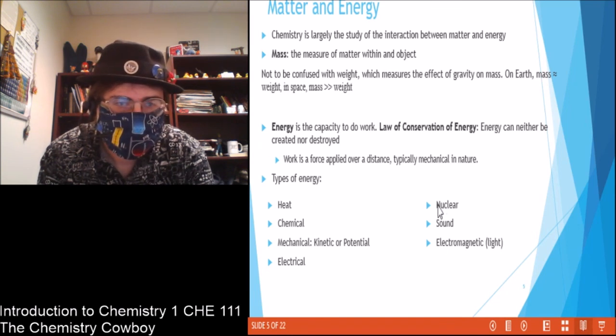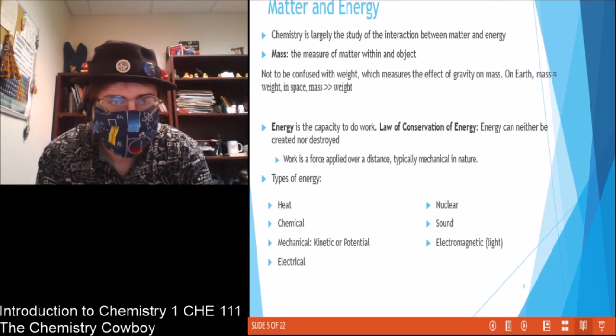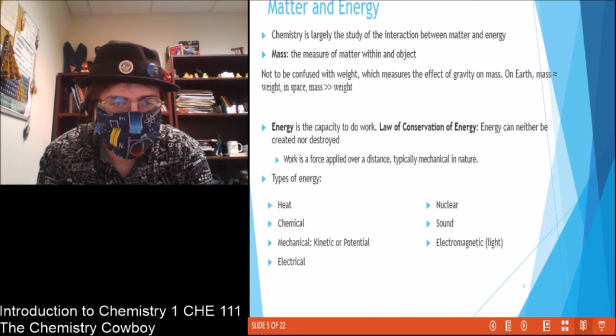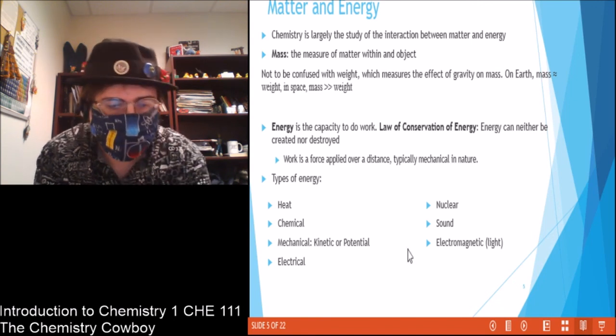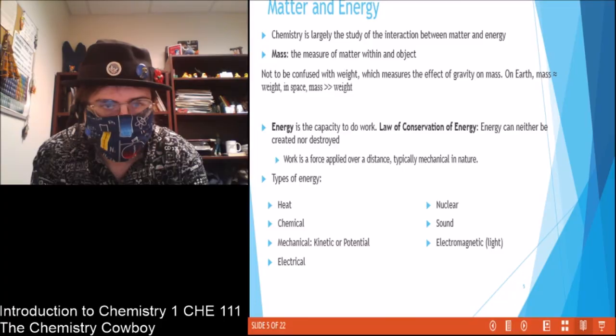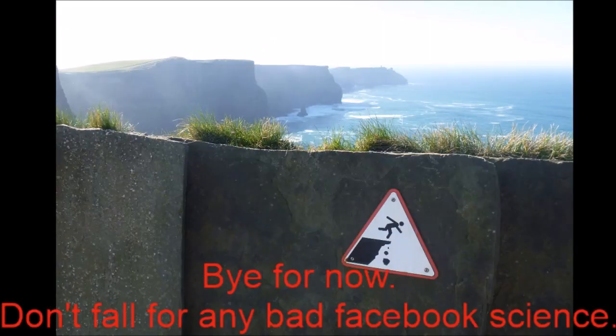Next semester, we'll talk about some nuclear energy and a little bit of electrical energy. But for the most part, we'll focus on heat, chemical, and electromagnetic. So that's where we're going to stop for today.